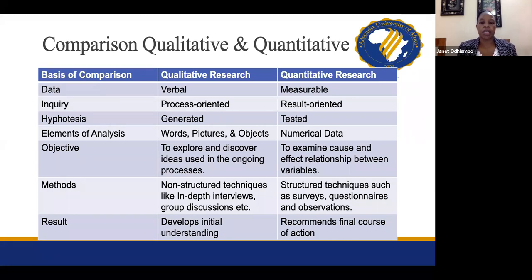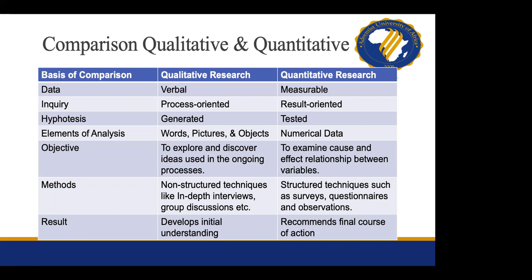But when we go to the quantitative side, this is a structured technique whereby you are going to use surveys, questionnaires and observations. So sometimes people confuse. I've seen students who tell me, I'm going to do a qualitative research, but I'm going to give people questionnaires.